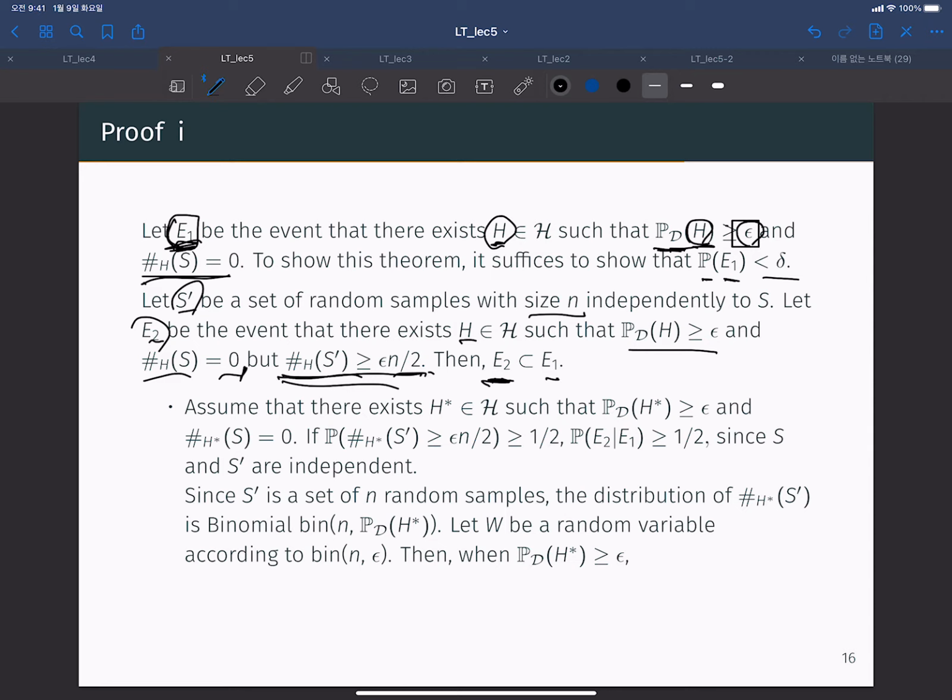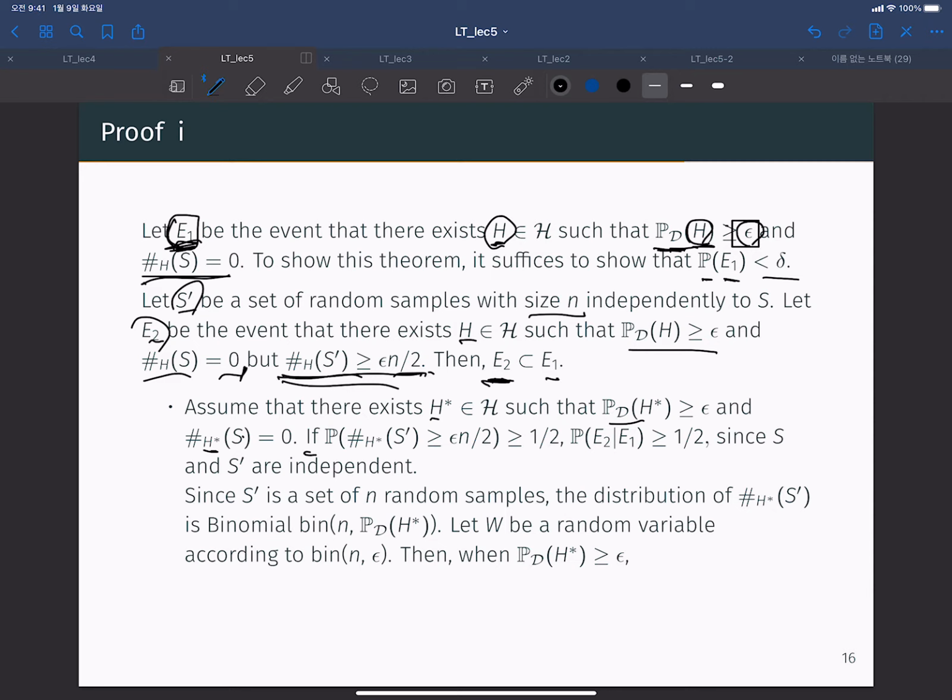Okay, so assume that there exists H star such that the probability of H star is greater than or equal to epsilon, and the number of data samples in S that are also members of H star is equal to 0, so there is no error.